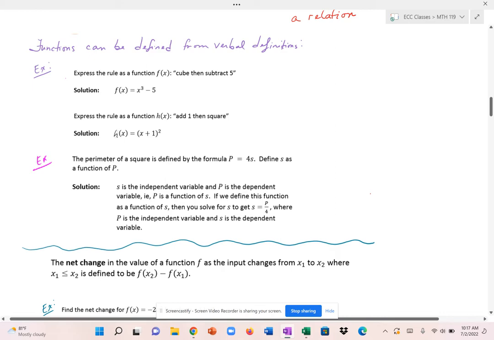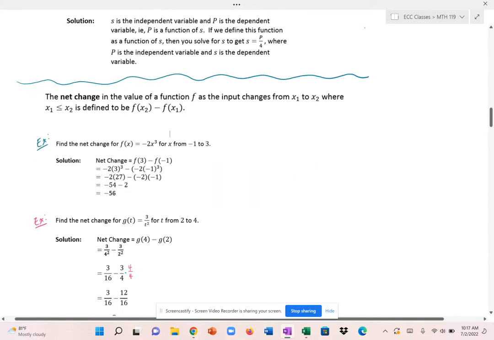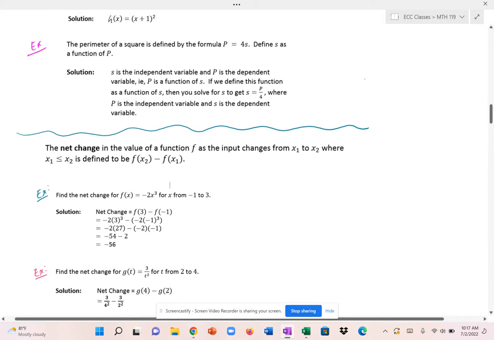In other words, put the bigger value of x in first minus the smaller value of x, and then subtract the y values. So here you're asked to find the net change for f of x equal to negative 2x squared for x from negative 1 to 3. By this definition, the net change will be f of 3 minus f of negative 1.